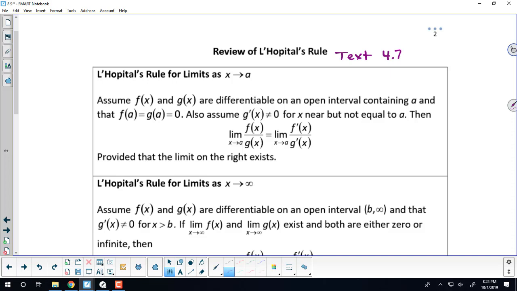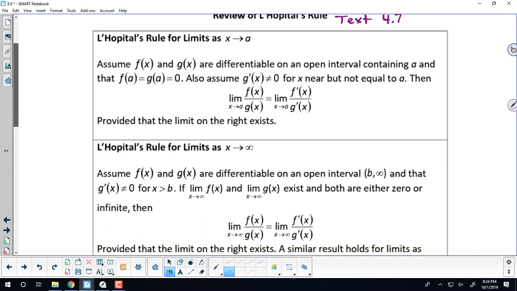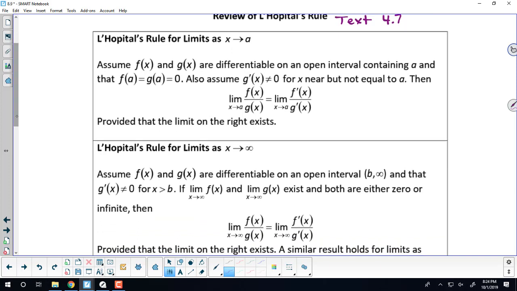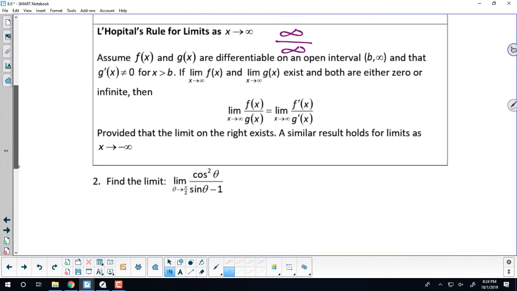But the straightforward cases are where we have 0 over 0 or infinity over infinity. f of a and g of a are 0 over 0. So this is the case for 0 over 0. For the case of infinity over infinity, it's the same approach. Take the derivative of the numerator divided by the derivative of the denominator. Don't get it confused with the quotient rule.